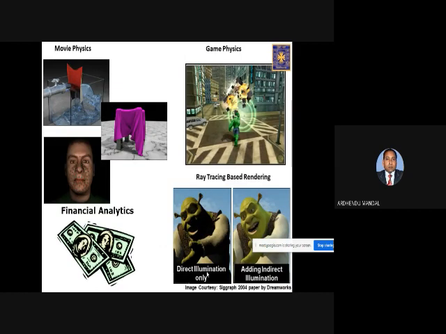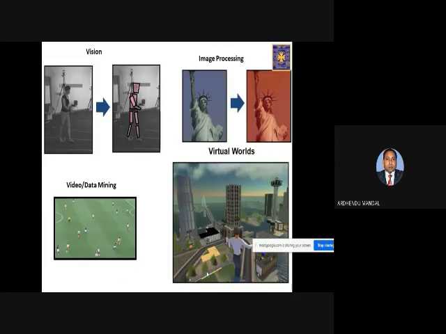Similarly, we have many other application domains like game physics, movie physics, share markets for financial analysis, and ray tracing based rendering applications like gaming. I'll just go through these to give you a brief idea: computer vision, image processing in virtual worlds like 3D, then processing of video or data that is available.